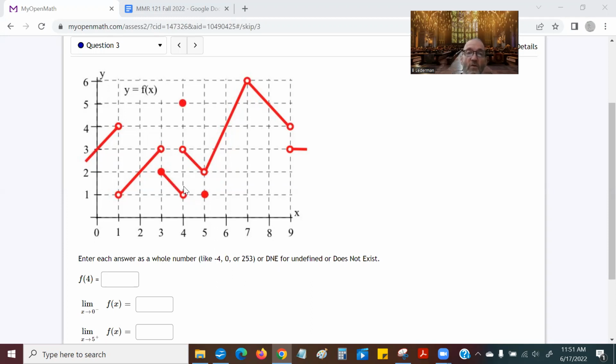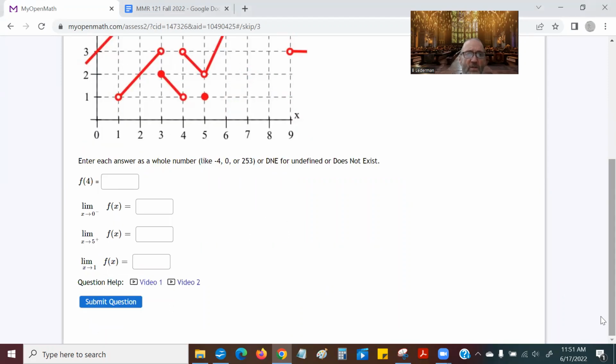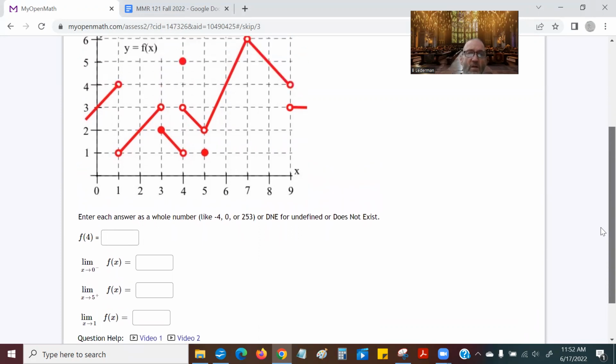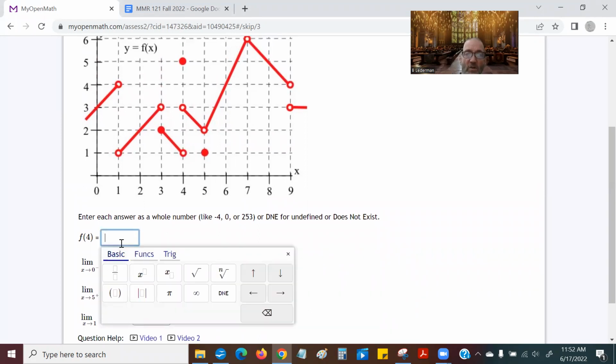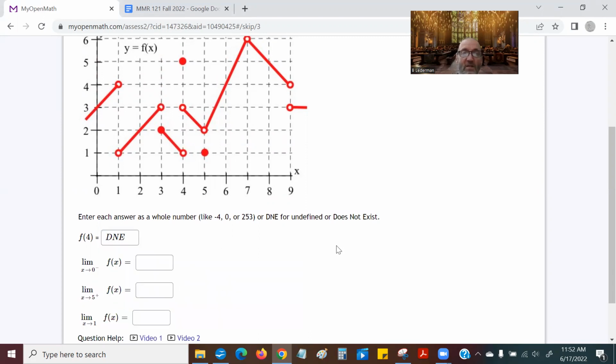So again, there's no overall limit, and there is a value, and the value is this right here. They're asking us, what is the overall limit when x approaches 4? And the answer is DNE, does not exist, because if the left and the right don't match, then the limit does not exist.